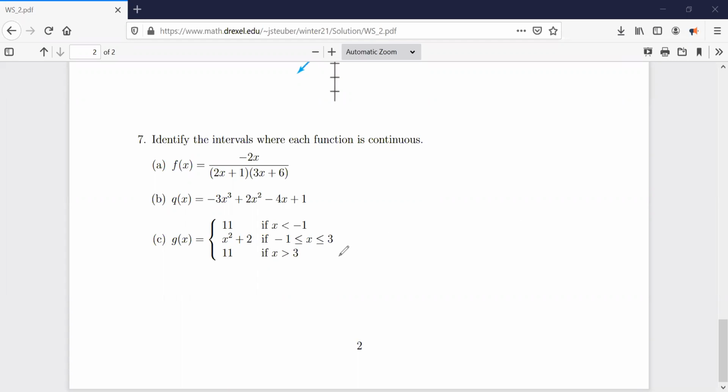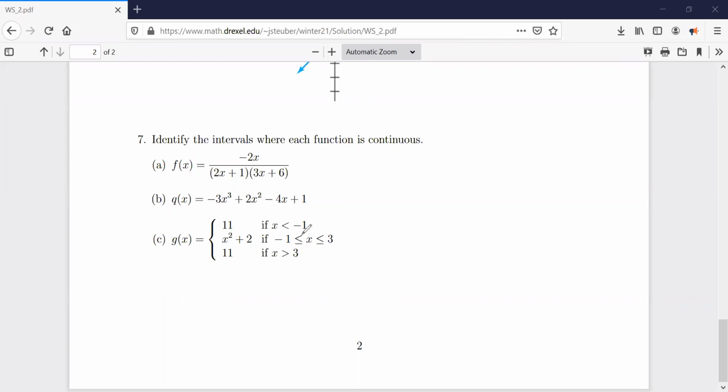Also, if that first piece was just less than, then we would have an issue that would cause a discontinuity because it just wouldn't be defined at a single point. But we don't have that.